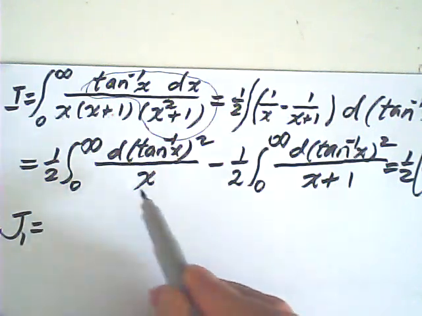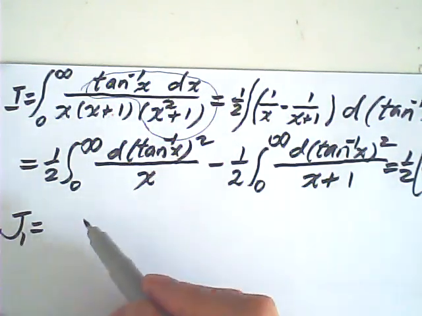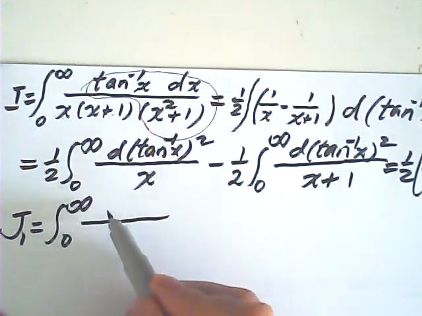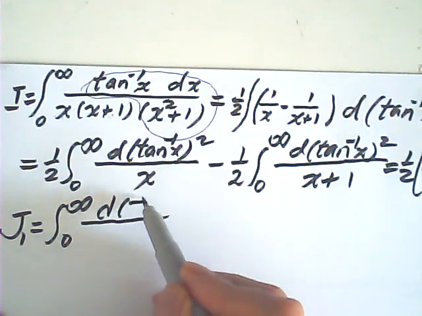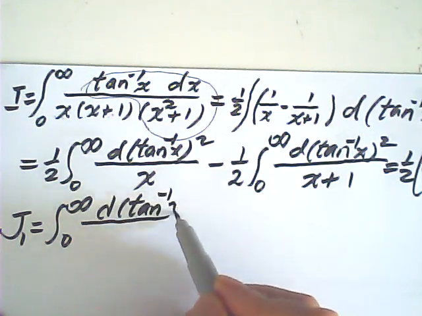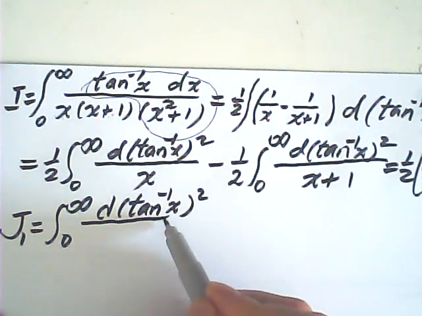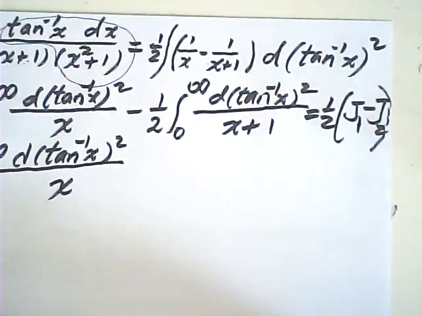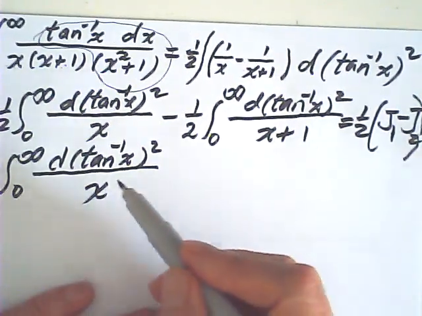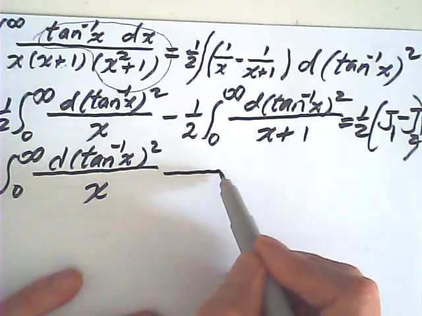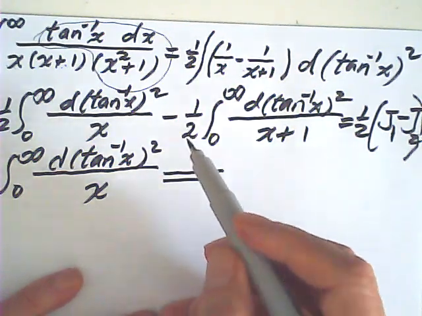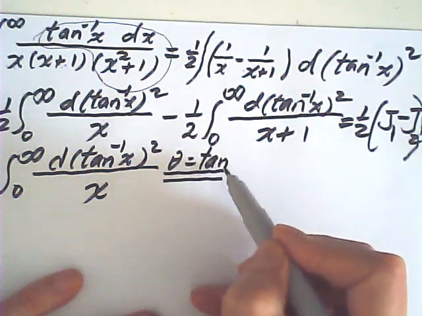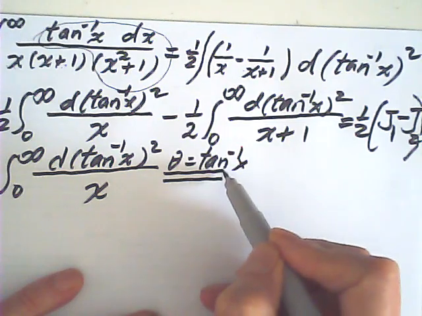J1 is this one, the integral of d arctangent squared x over x. I am using substitution. I let theta be arctangent x.